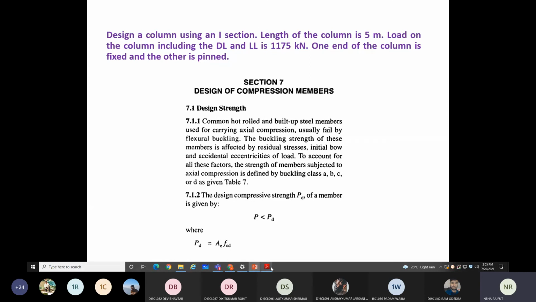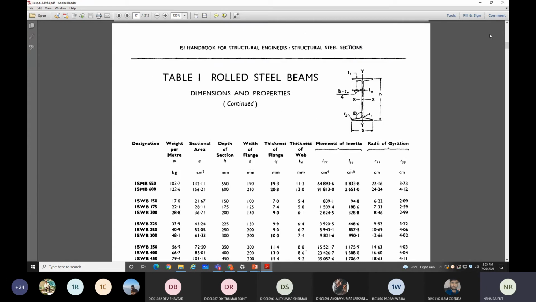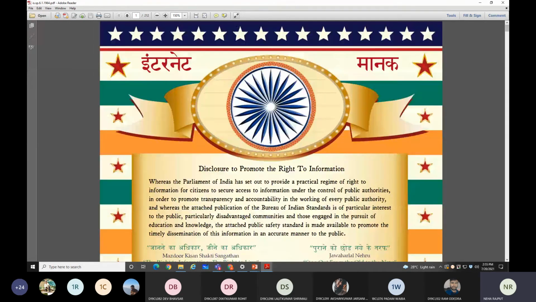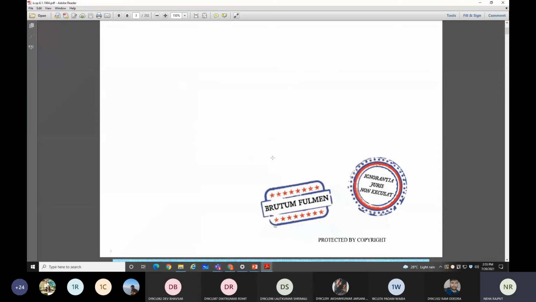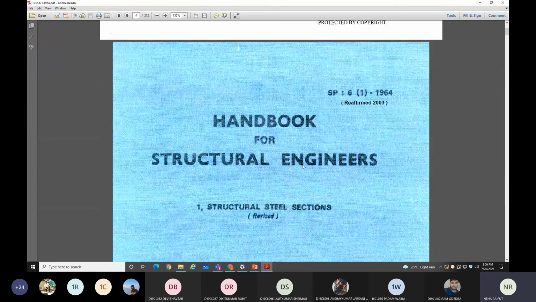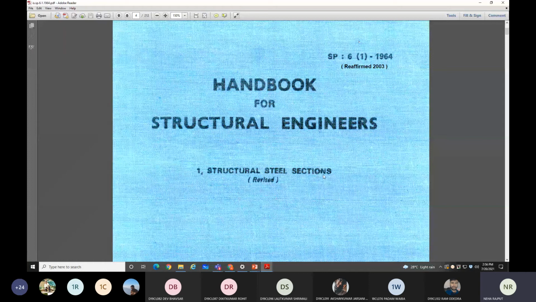Before that, I would like to show you the steel table. This is not the steel table, this is SP6, the Handbook for Structural Engineers, Structural Steel Sections.